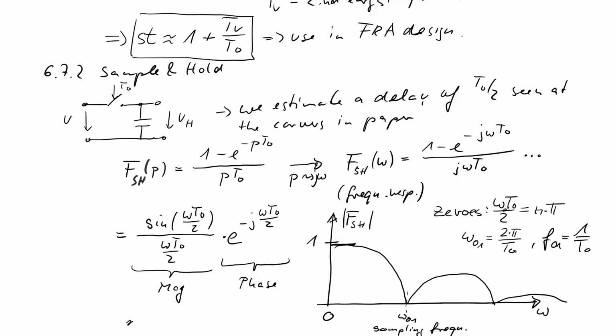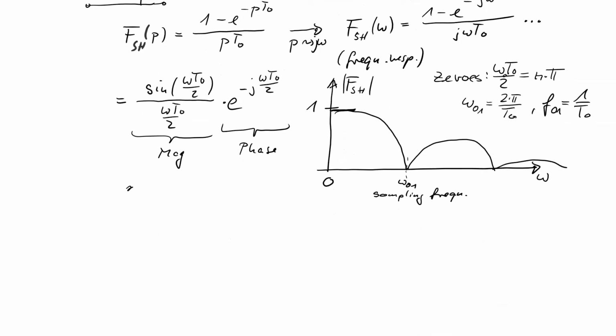Omega 01 is the sampling frequency, and there we have a 0. That is very easy to understand. If sampling frequency and signal frequency are identical, I get 1 point of each period of the signal, and then the output is 0. Okay, so far that is the magnitude curve.